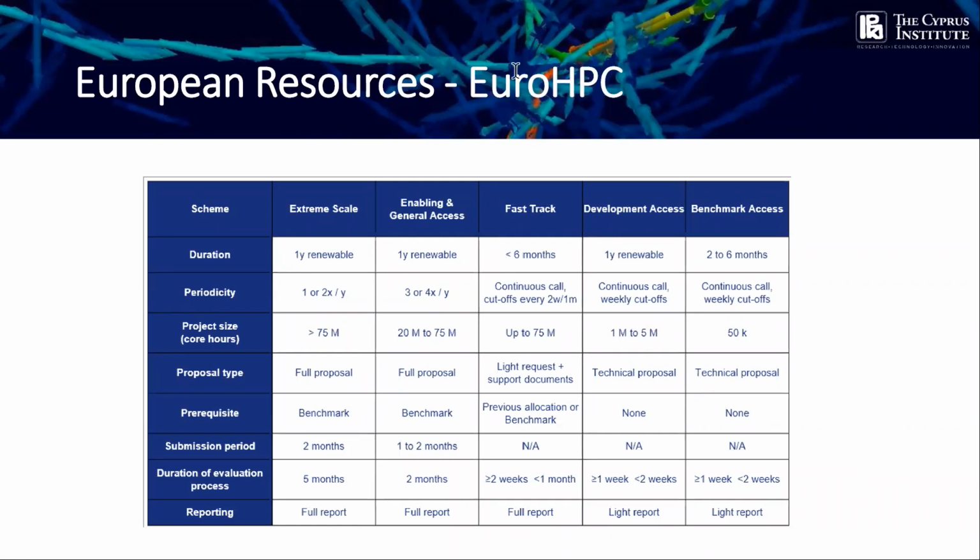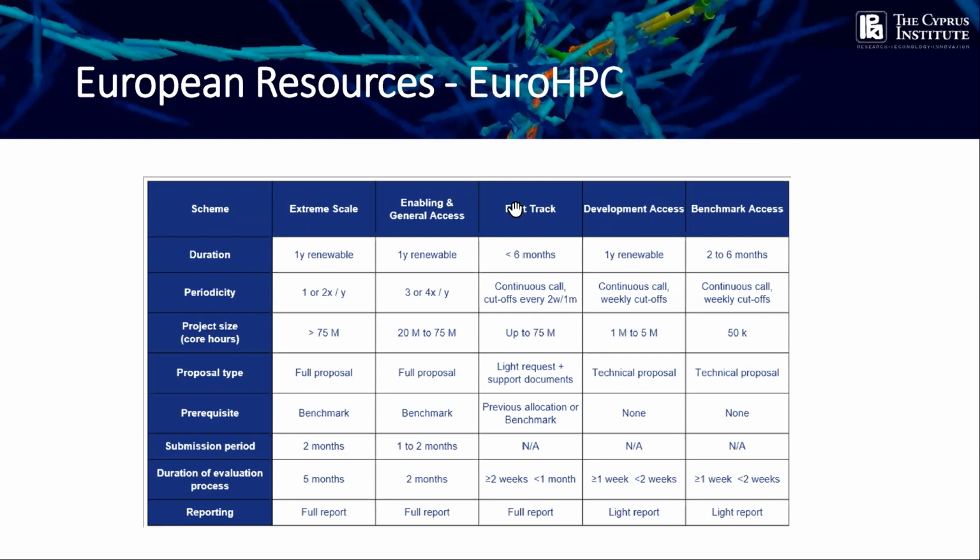That is aimed at projects which require immediate access to resources. So, for example, a project which needed to look into the COVID virus when it struck, in the early parts of last year, some projects got access to PRACE resources within 2 weeks.